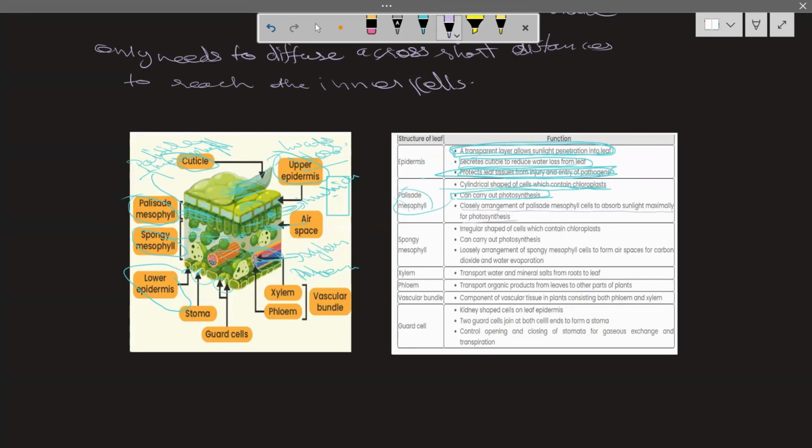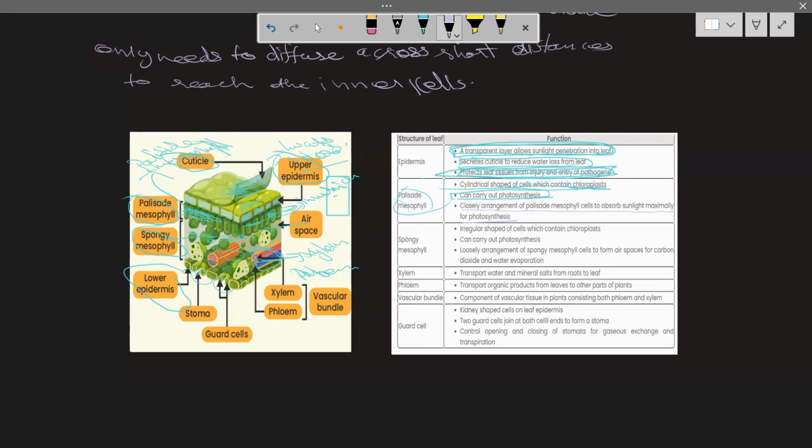As you can see, no gaps or spaces are there, while in the spongy mesophyll there are air spaces. So by this arrangement, it absorbs sunlight maximally for photosynthesis. Basically their function is to do photosynthesis, mostly.